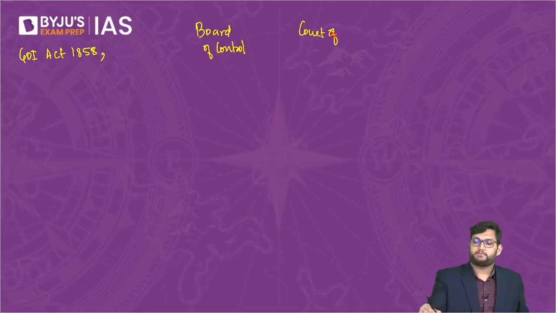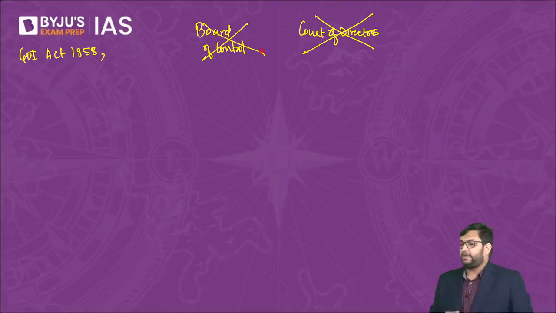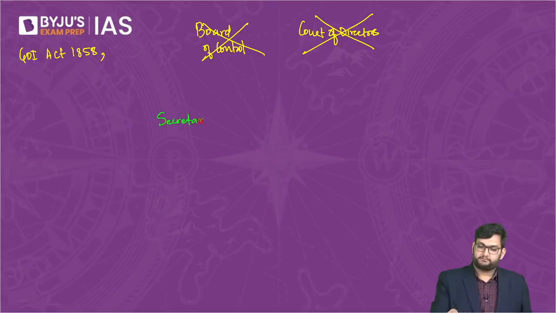So what happens is that the Board of Control and Court of Directors both are abolished. And now there will be a person called the Secretary of State for India.